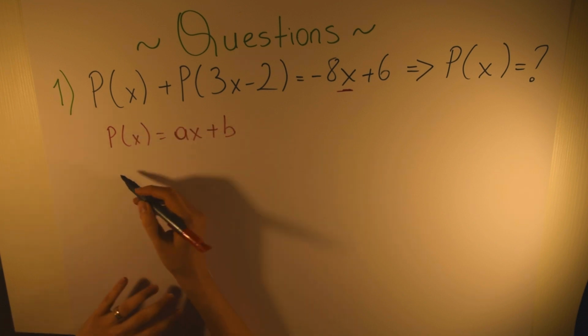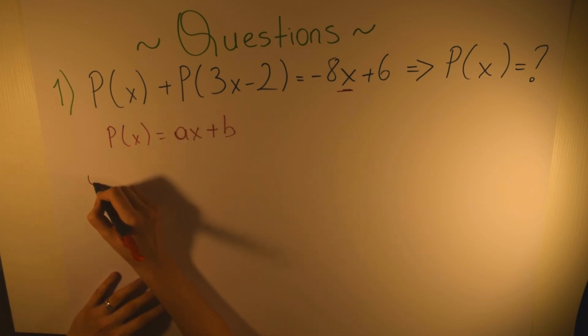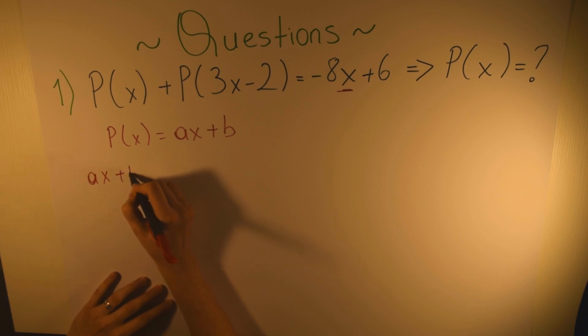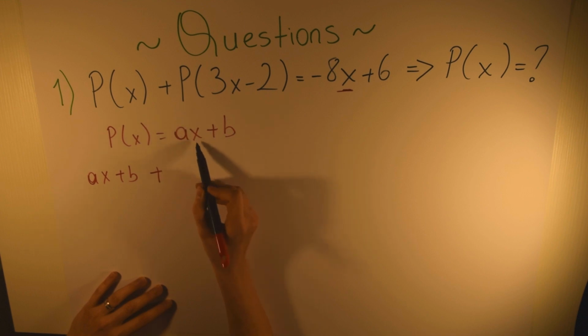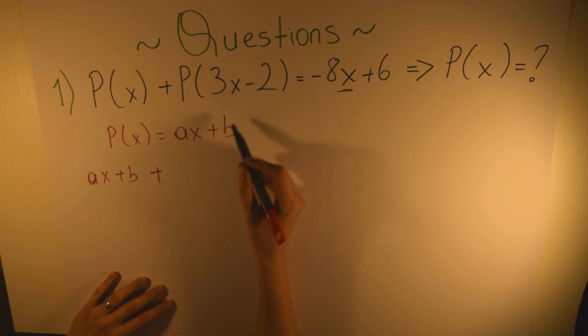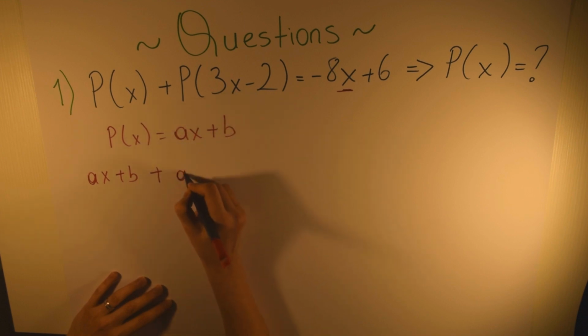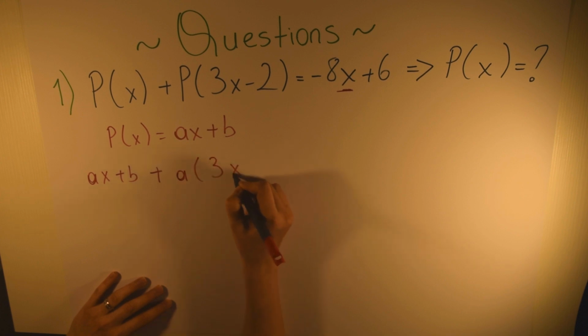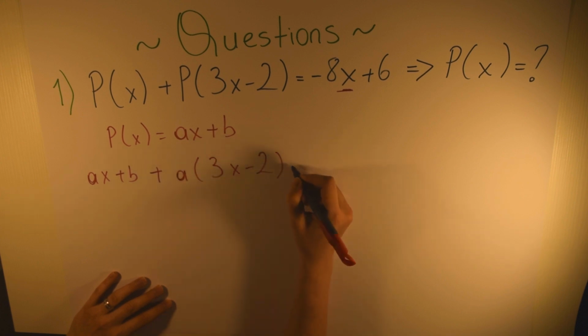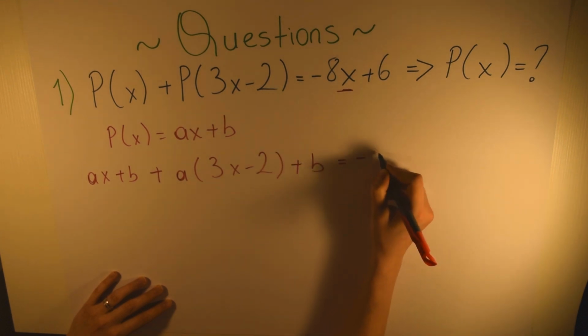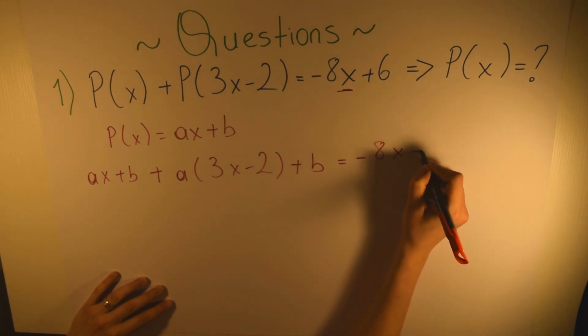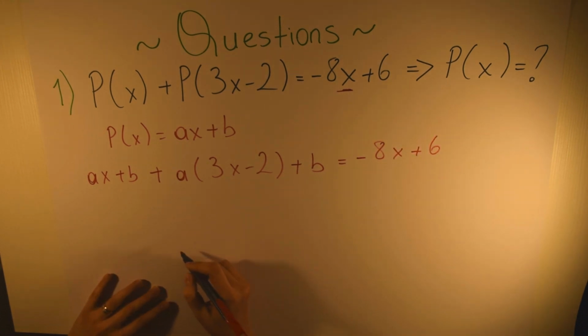So let's write them together. ax plus b instead of P(x), plus, here I put 3x minus 2 instead of x. So a(3x minus 2) plus b is equal to minus 8x plus 6.